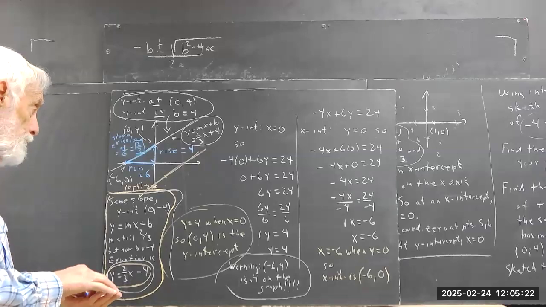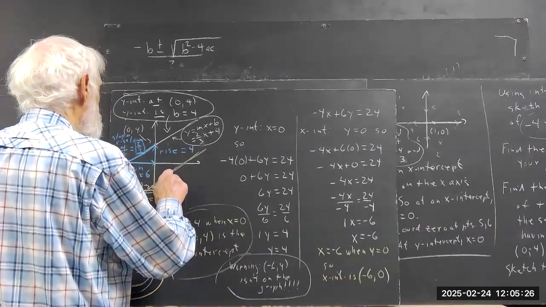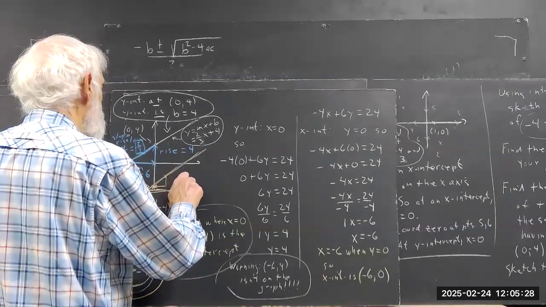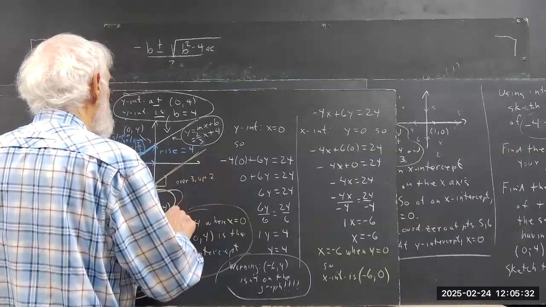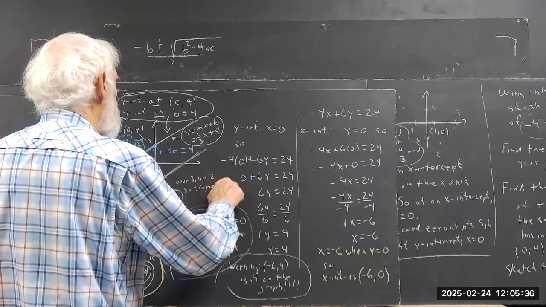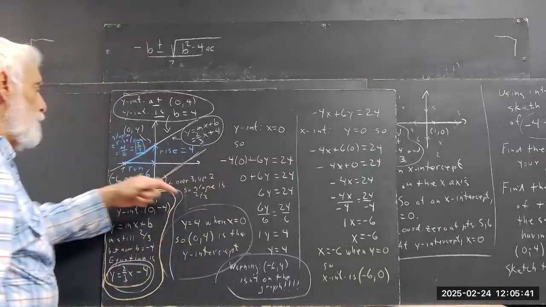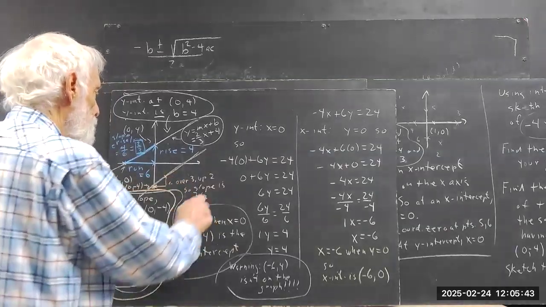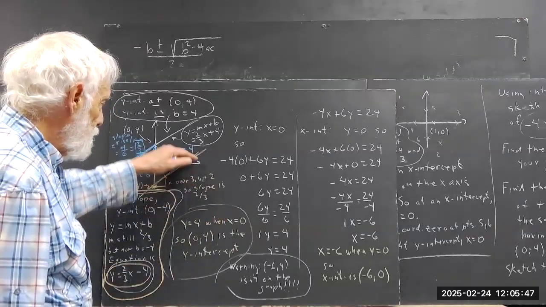So this is now the equation. That little triangle, over 3 up 2, so the slope is 2/3. Of course, you might be better off going over 6 and up 4.